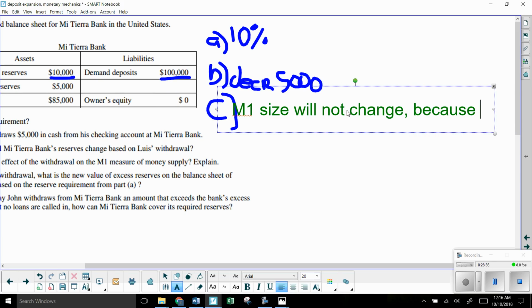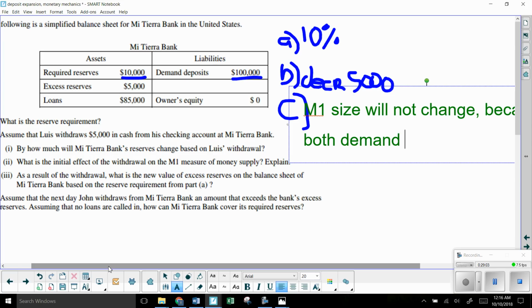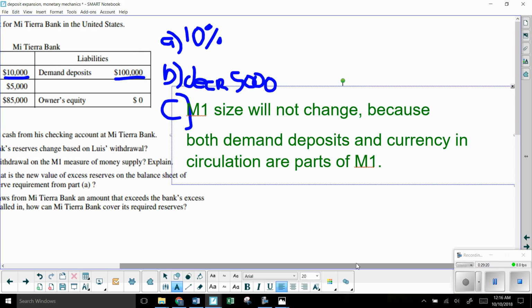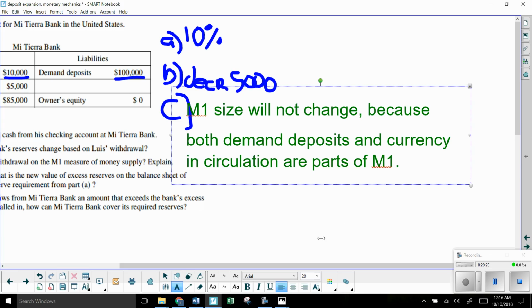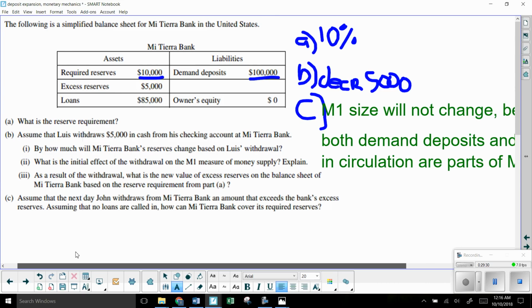And the reason why is because both demand deposits and currency in circulation are parts of M1. So the size of the M1 money supply did not change. The composition of the M1 money supply changed a little bit. All right, so there we are. That's our answer for C.